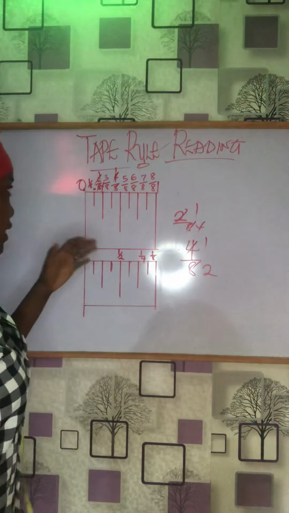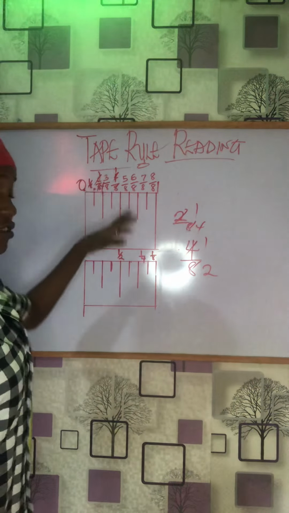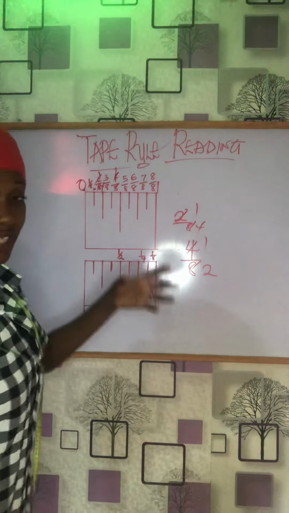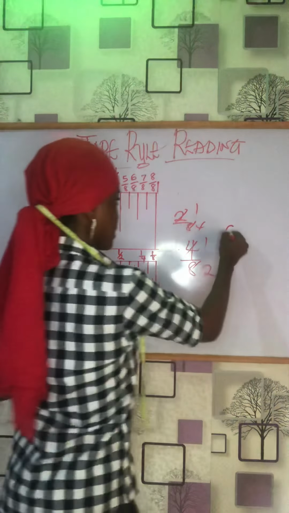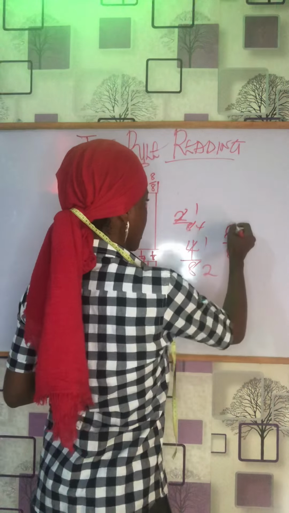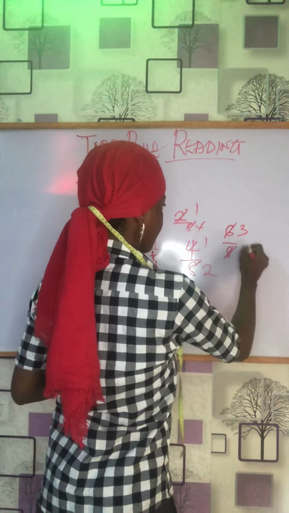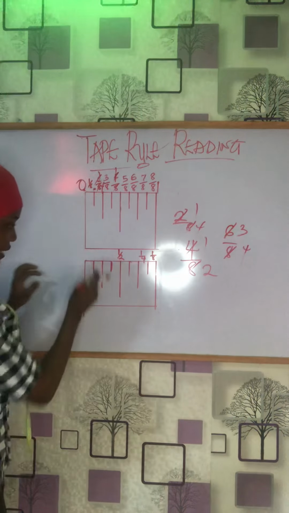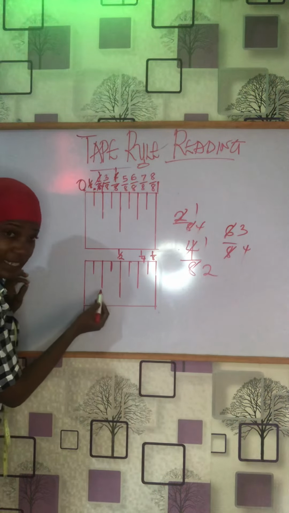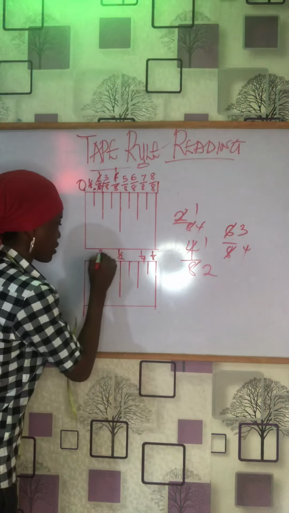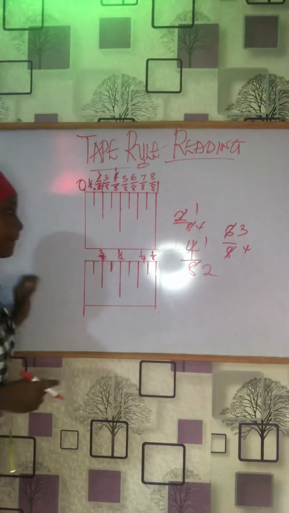5 over 8, we can't do that. 6 over 8, we can actually do that. 6 divided by 8. Now, 2 in 6, 3. 2 in 8, 4. So this line is 3 over 4.